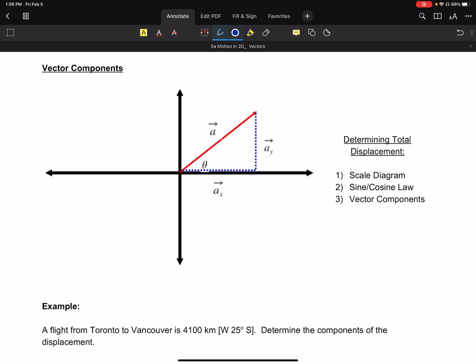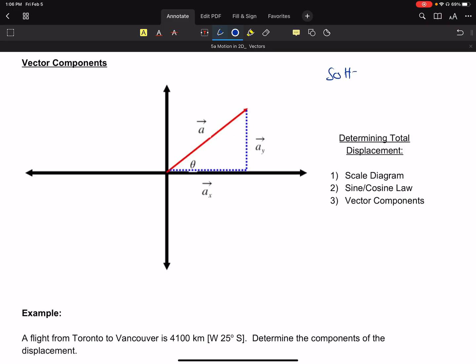That vector is moving a little bit to the right along the X and a little bit up along the Y. So we're going to break this vector down into its X component and its Y component. So we are going to use SOHCAHTOA.